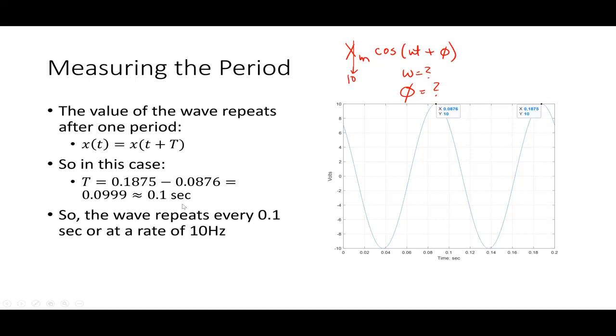But if you look at my error between what I measured and what it actually is, that's certainly well less than 1% error. So I'm pretty close to being correct. I can see from this that the wave repeats every 0.1 seconds, or at a rate f equals 1 over 0.1, or 10 hertz. So I should be able to look at the waveform and identify these things.